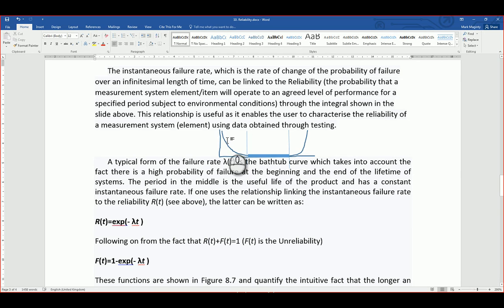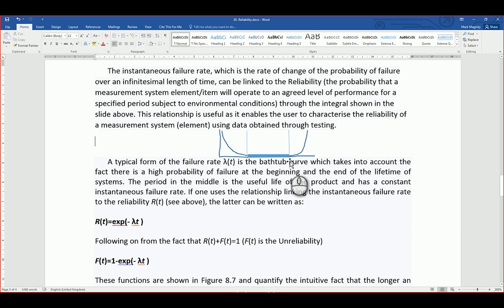At some point it settles down once it's fully commissioned, and you should have this relatively flat-lined response of failure rate to time, so that along any length of time between first install and commissioning to a given point in time here, the instantaneous failure rate should pretty much be linear.